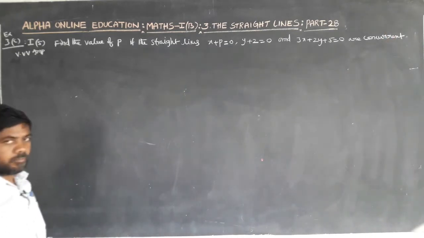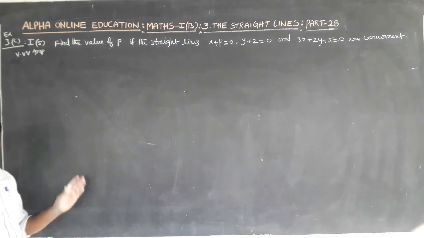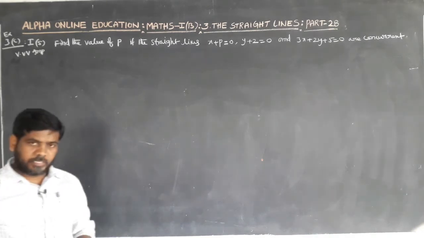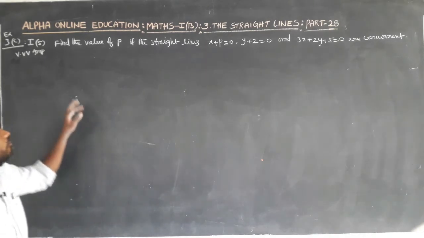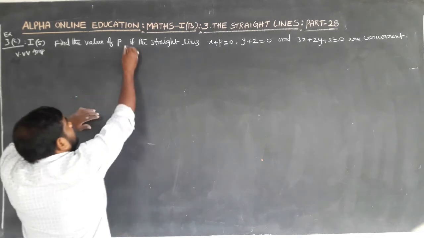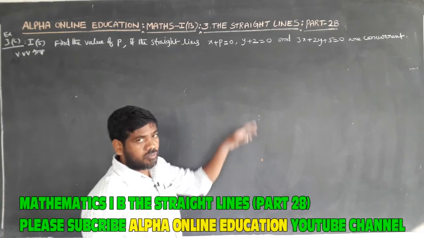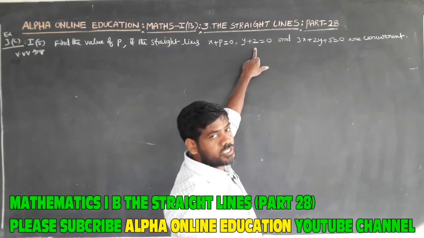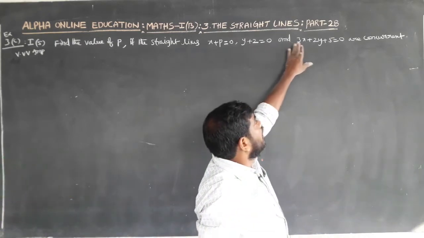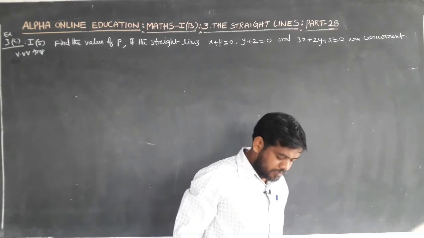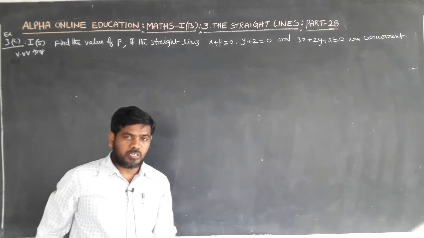Very important problem in 2 marks. Exercise 3C, first bit, fifth problem. Find the value of p if the lines x plus p is equal to 0, y plus 2 is equal to 0, and 3x plus 2y plus 5 is equal to 0 are concurrent.